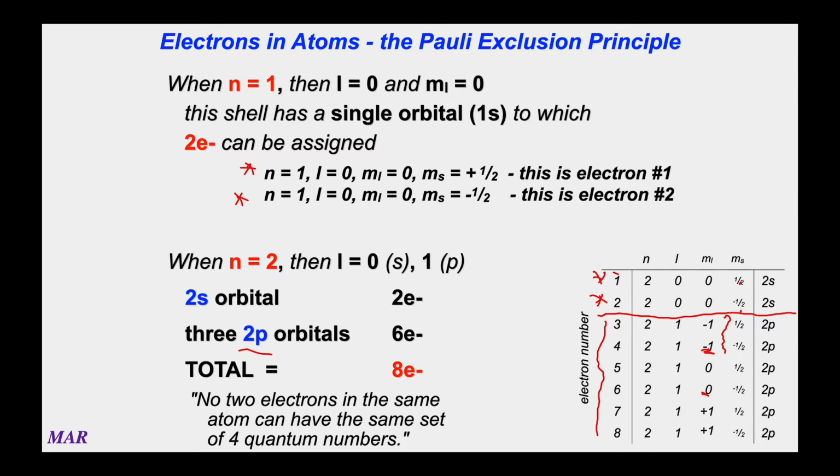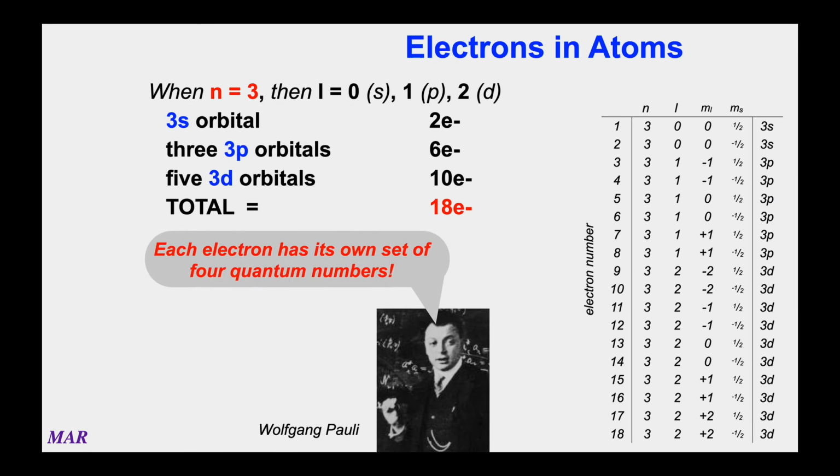Oh, but there's more. When n equals 3, we start getting into the 3d systems. Like before, when n equals 3, L goes from 0 up to n minus 1, so 0, 1, and 2. Like before, there's a 3s system when L equals 0. There's a 3p system when L equals 1. But now we have a 3d when L equals 2.